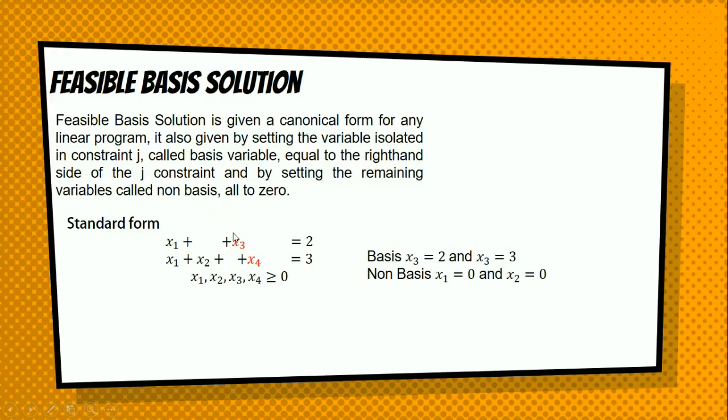The one that is isolated is called basis, but the one that is not isolated is called non-basis. But x2 is also isolated, we cannot do that because x2 will be joined to x1, so x1 and x2 become non-basis, and x3 and x4 become basis.